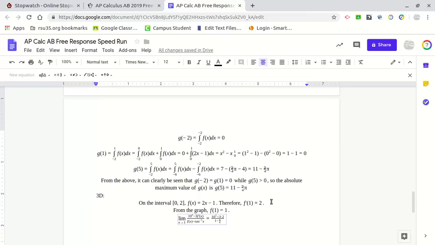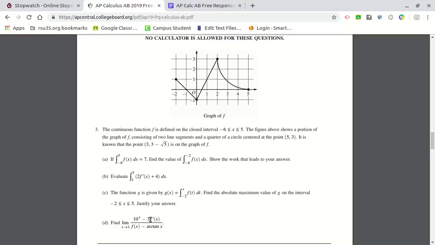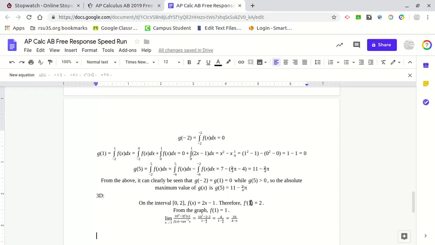So if you think of a 45-45-90 triangle, tan of pi over 4 is 1 in that triangle. So arctan of 1 is pi over 4. So 10 minus 6 is 4. So we get 4 over 1 minus pi over 4. Multiply both denominator and numerator by 4. So we get 16 over 4 minus pi. That was a lot easier than I thought it was going to be. Hopefully I didn't make a mistake there.